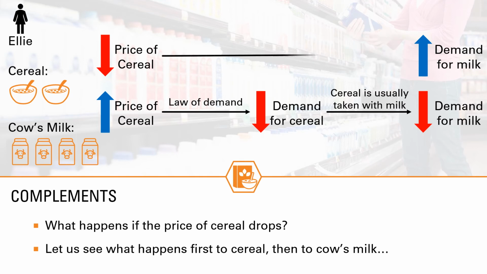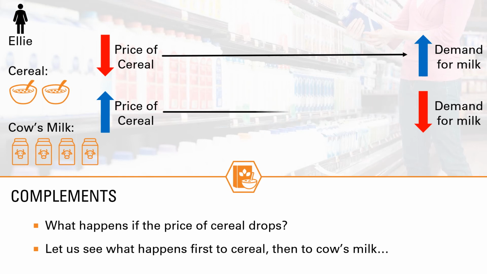So, in other words, when the price of a complement drops, the demand for milk increases. Sorry, when the price of a complement increases, like cereal, the demand for milk decreases. All right.